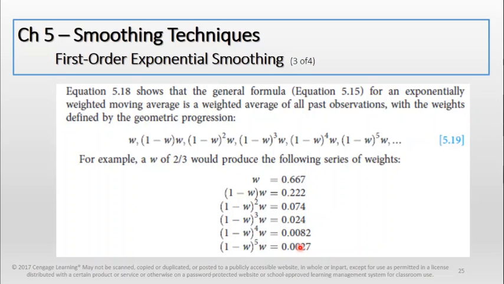Meaning the oldest observation that you accounted for would also have the least weight. For example, this is your 2021, this is your 2020, 2019, 18, 17, 16. As an observation gets older, its weight gets smaller.